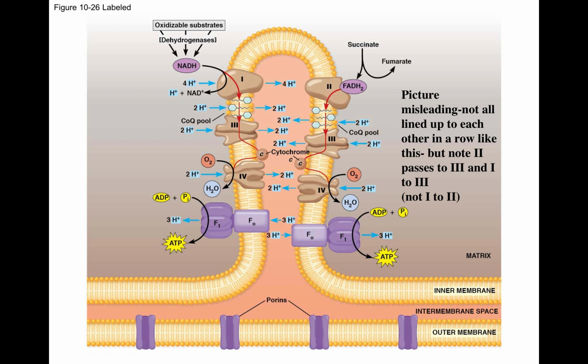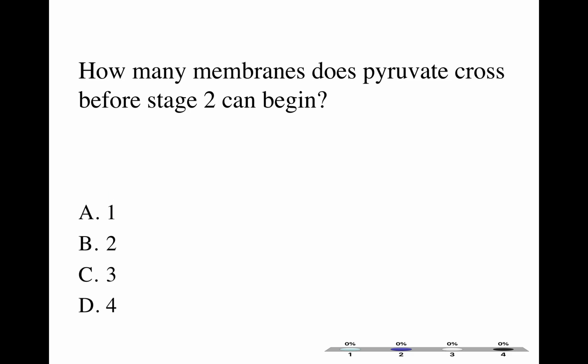They lose energy as they're passed down that electron transport chain, and the energy that is lost is used to move protons against their concentration gradient, creating a proton gradient that is used to power the FO-F1 ATPase. As protons flow back down their gradient, F1 rotates and orients ADP and P together to make ATP.